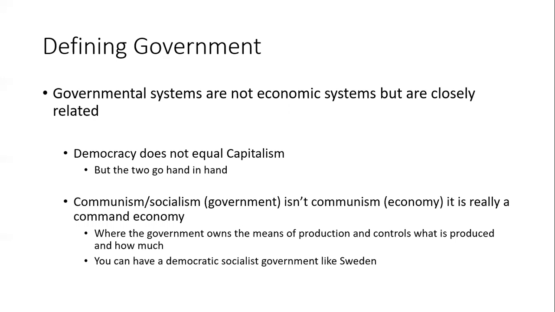There are definitely differences between socialism and communism, but we're just going to lump those together right now and say that communism and socialism, as a government and as an economic system, go hand in hand, where the government owns the means of production. So you don't have private ownership, and they control what is produced and how much.